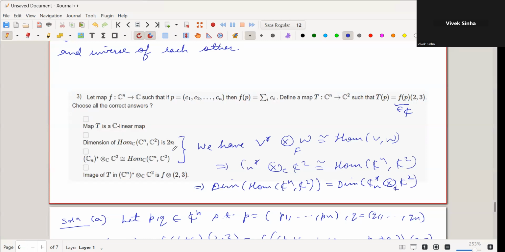And what is its dimension? This is equal to the dimension of C^n star times the dimension of C^2, and the dimension of C^n star is the same as the dimension of C^n, which is n, and C^2 has dimension 2, so this is n times 2, which is 2n.